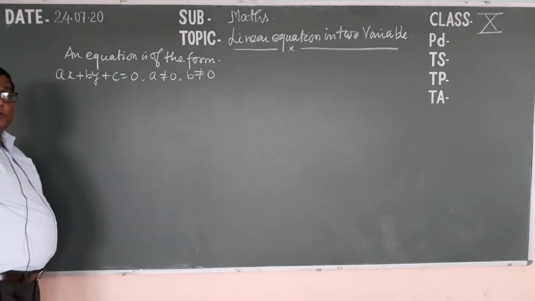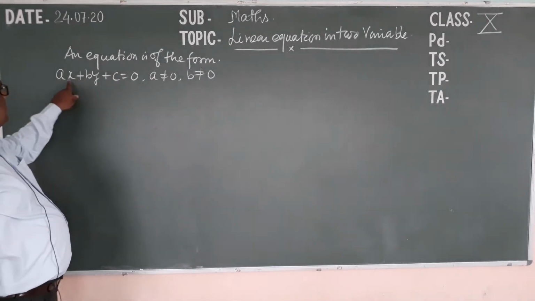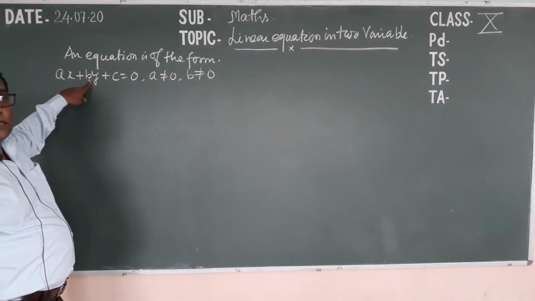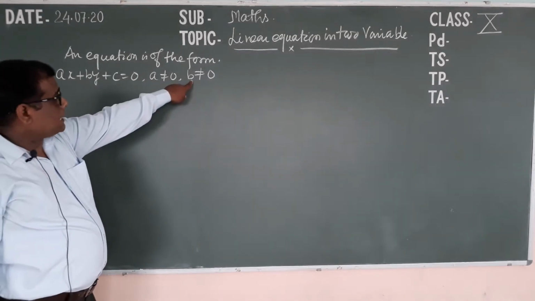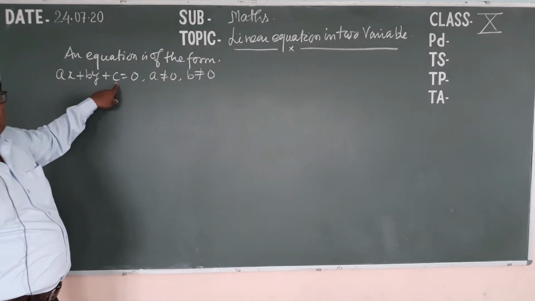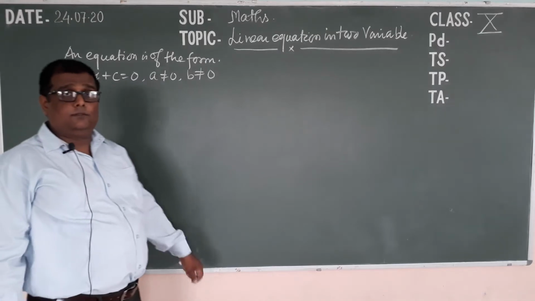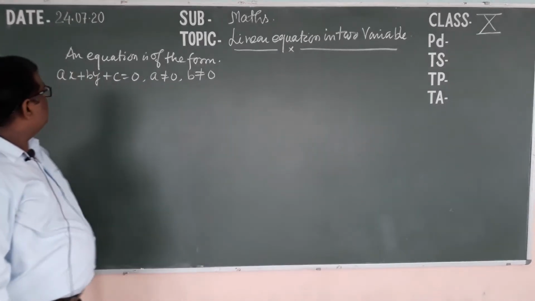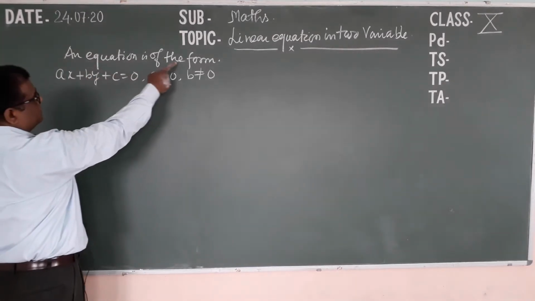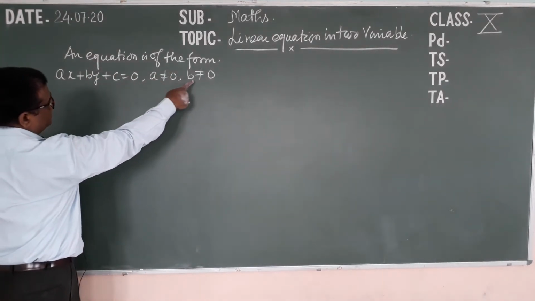If we put a is equal to 0, then this is by plus c is equal to 0. This is the linear equation in one variable. And if b is also equal to 0 and a is also equal to 0, this is constant, known as a constant polynomial.